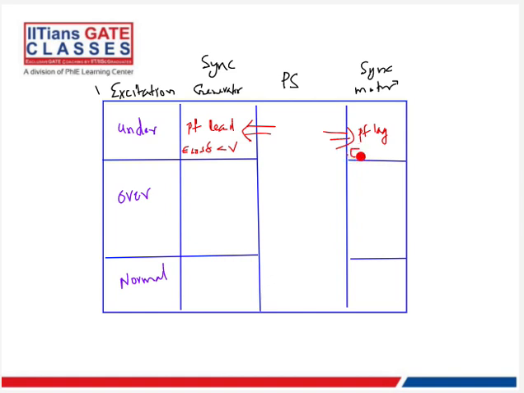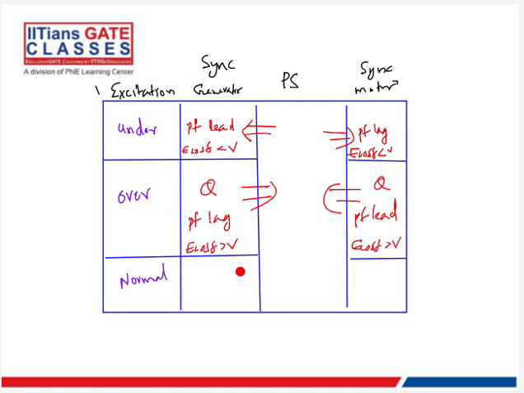Under the overexcited condition, reactive power is flowing here. Here the power factor would be lagging, and E cos delta would be greater than V. Here also Q is being supplied, the power factor would be leading, and E cos delta would be greater than V. And under this condition, there is no reactive power flow, right?